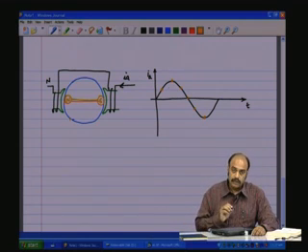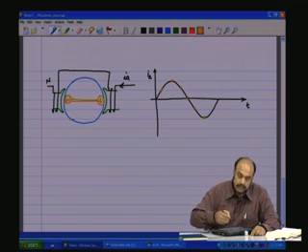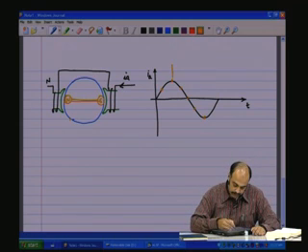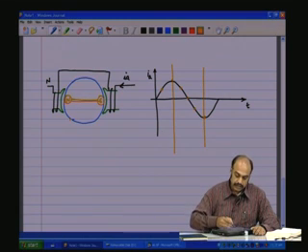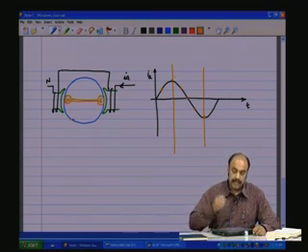Now let us take just the two crucial points, that is the positive max and the negative max.